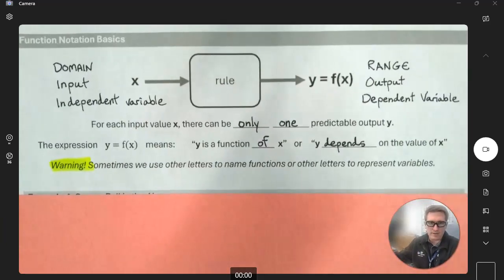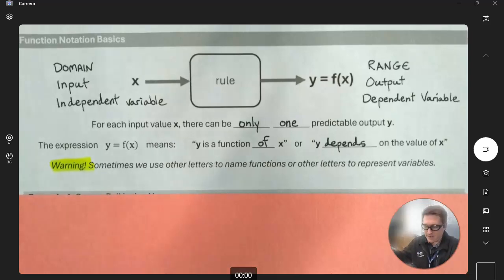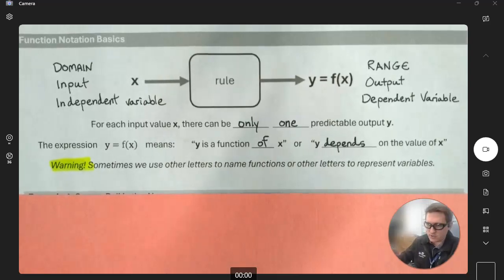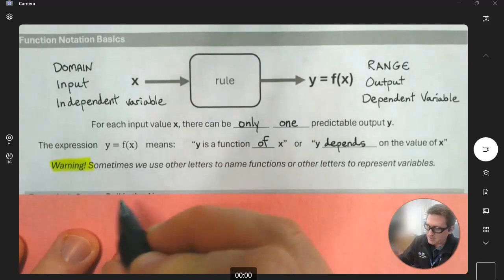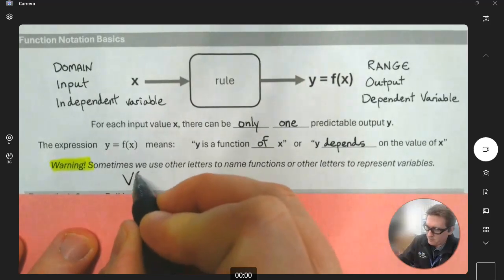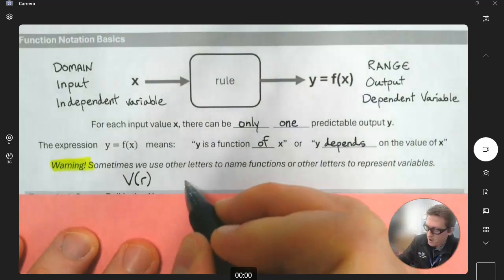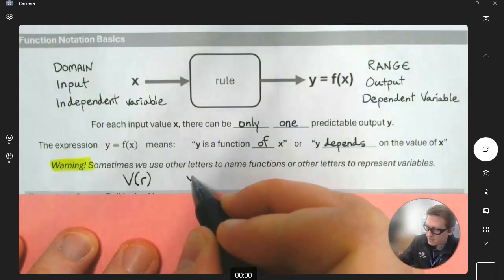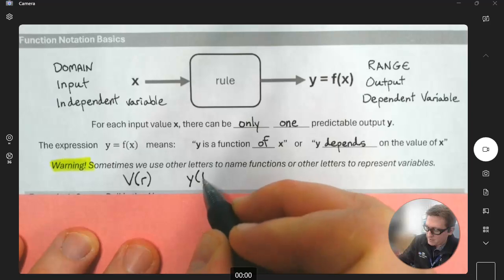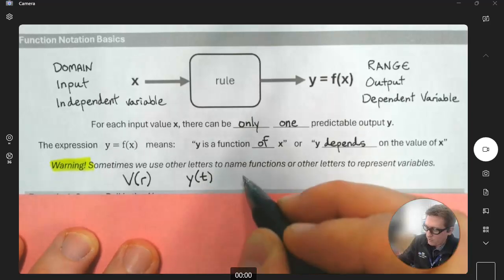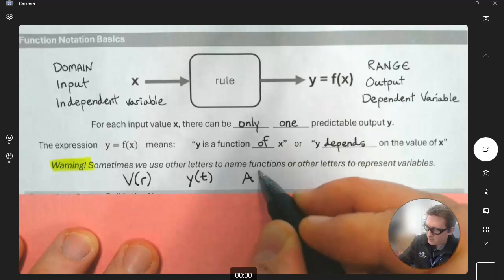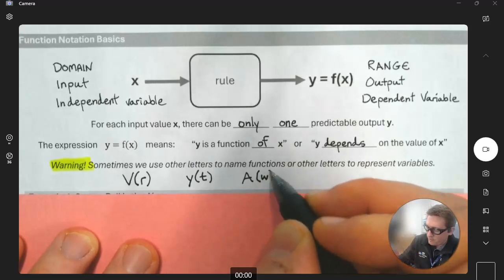All right, warning. We don't always use y and x. Sometimes we use other letters to represent the functions. For instance, volume depends on the radius of a sphere, okay? Maybe the position in the air depends on time, or the area of a certain rectangle depends on the width, right?